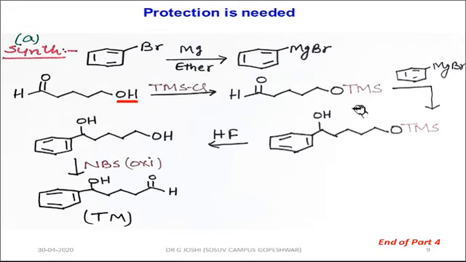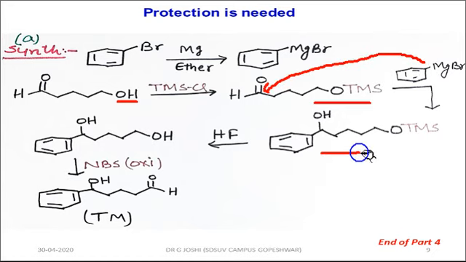Thus, after protecting by using trimethylsilyl chloride, when we react this protected molecule with phenyl magnesium bromide, the phenyl magnesium bromide will then interact at the desired functional group to lead to this product, which can be deprotected.